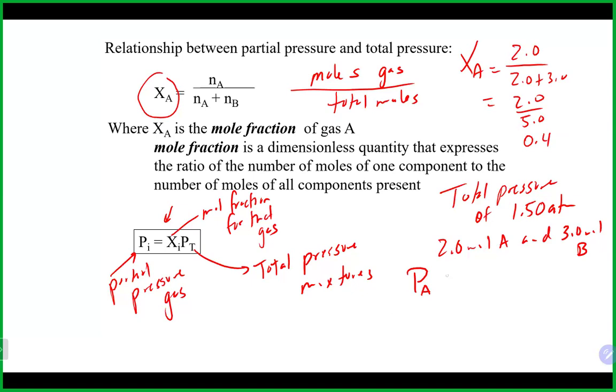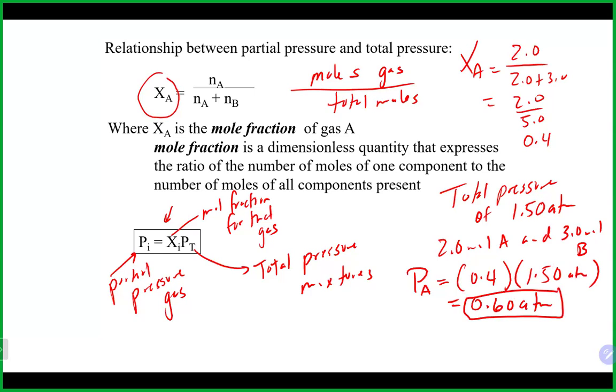So the partial pressure of A would equal our mole fraction times the total pressure. Here, 1.5 times 0.4 tells us that the pressure of A is 0.6 atmospheres.